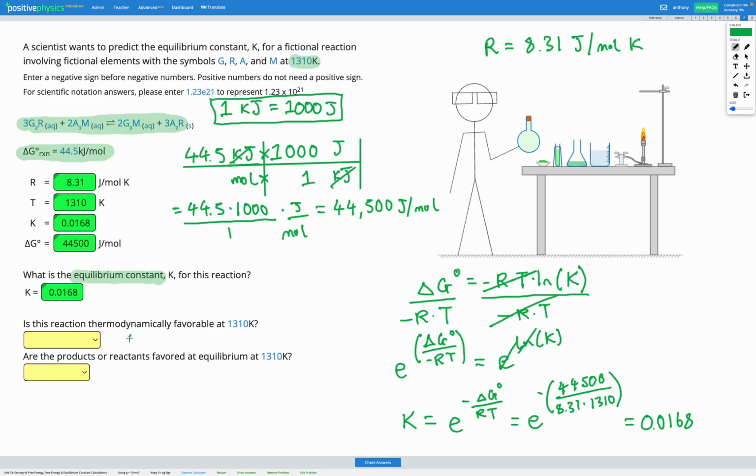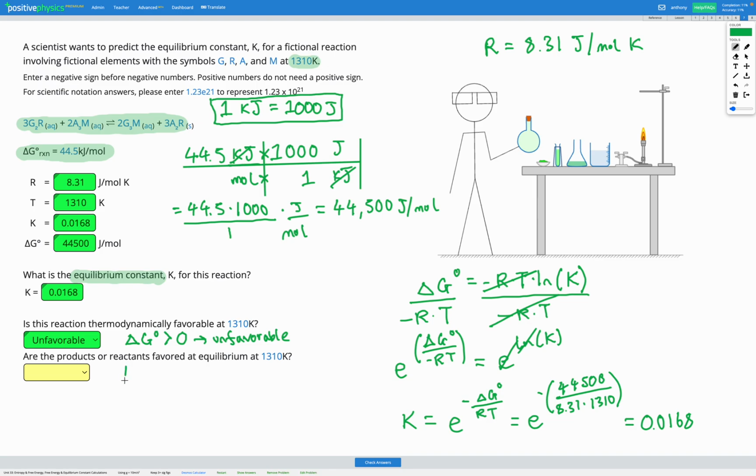That means delta G naught is greater than 0, and that means our reaction is unfavorable in the forwards direction. So is our reaction thermodynamically favorable? No, it's unfavorable. So if our delta G is greater than 0, we know that means our K has got to be less than 1. And that's exactly what we calculated here. We found K was 0.0168.